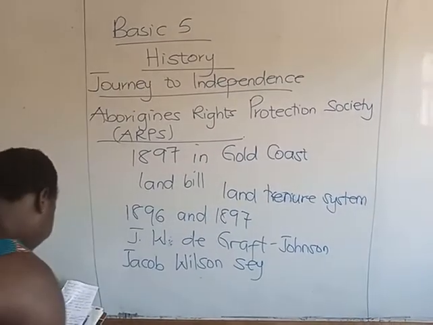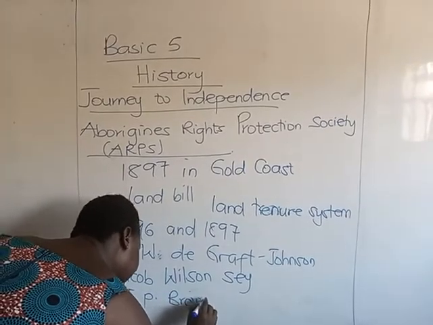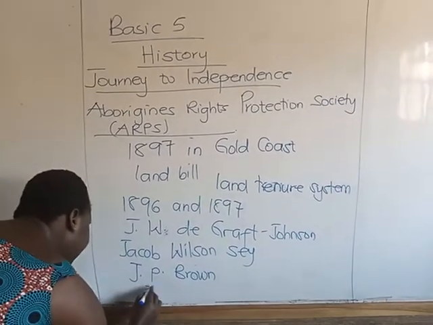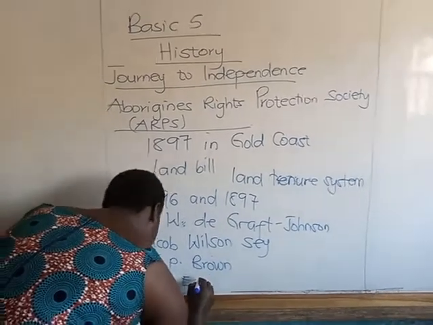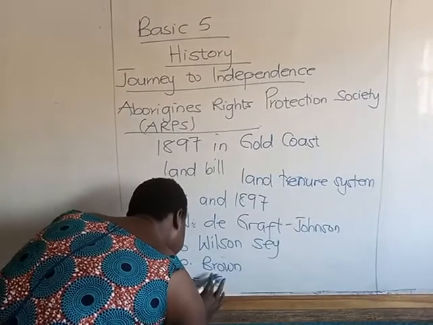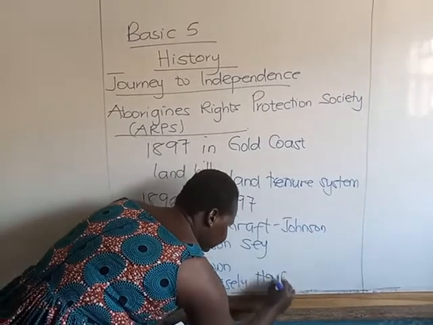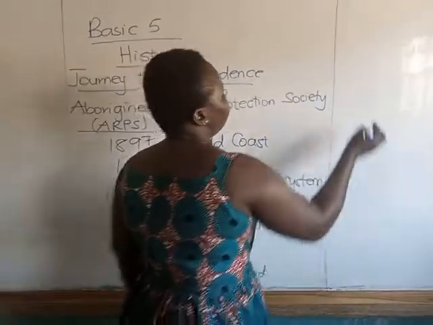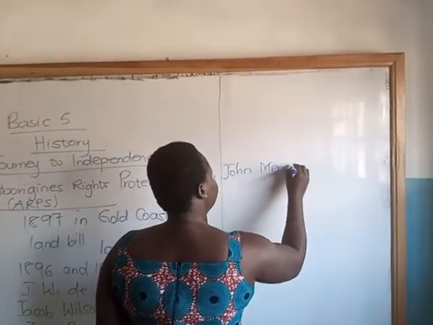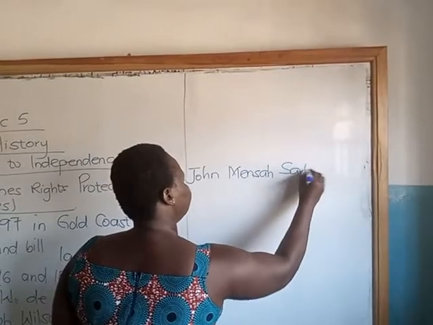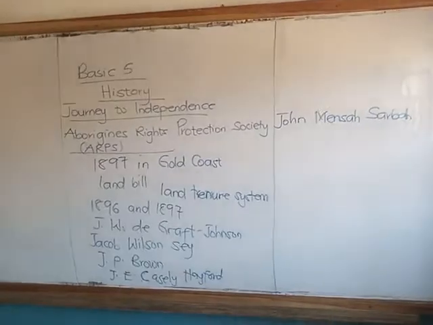We also had the likes of J.P. Brown and J.E. Casely Hayford, as well as John Mensah. So these were the founders of the Aboriginal Right Protection Society.